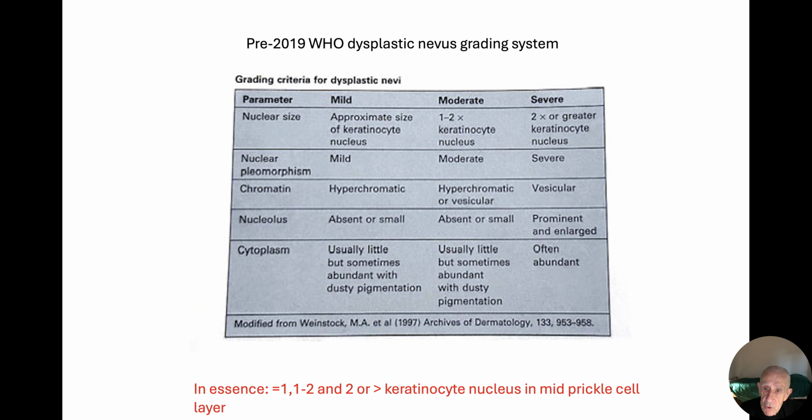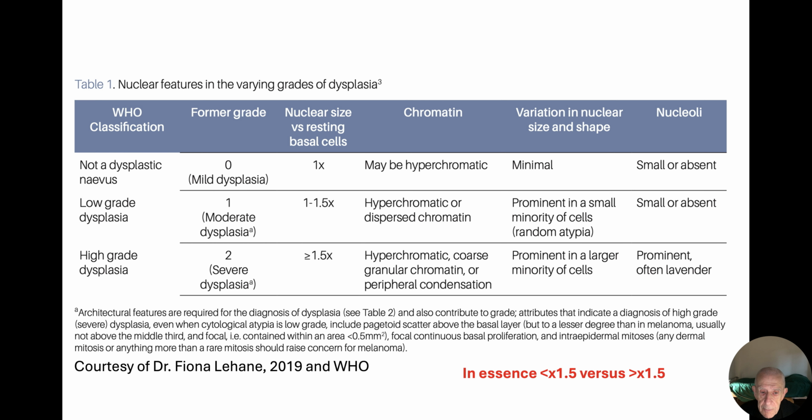And if it was 2 times or greater, it was severe atypia. And that table shows you the additional features of hyperchromasia, or vesicular nuclei being found in more severe lesions where there was also prominent and enlarged nuclei.